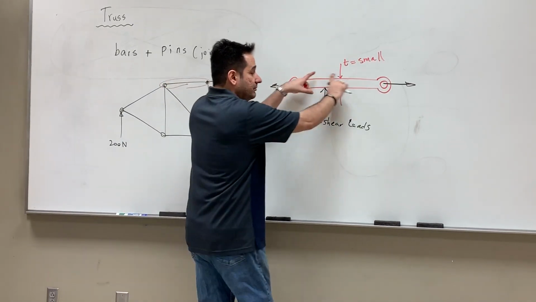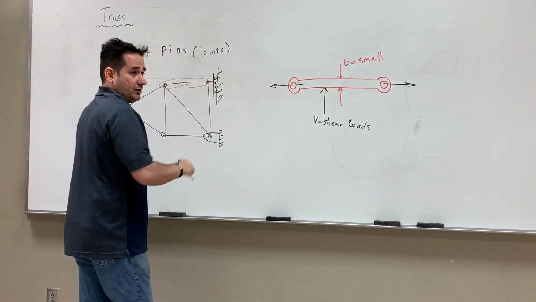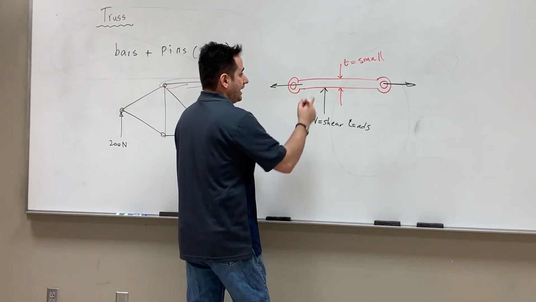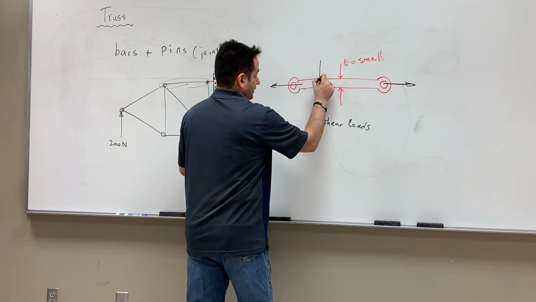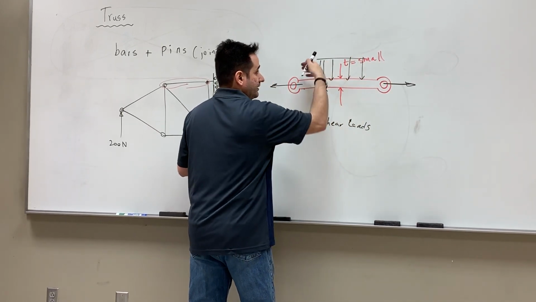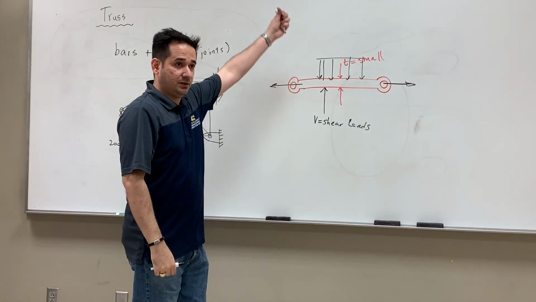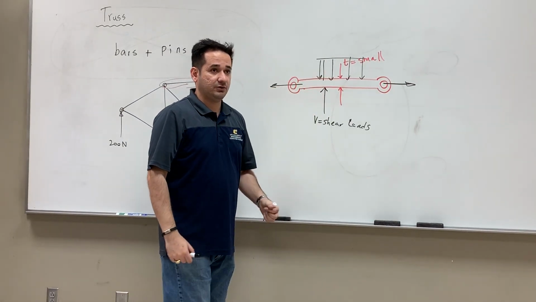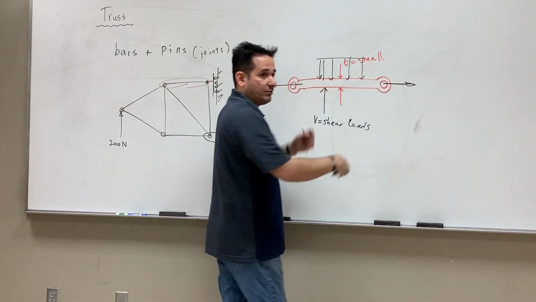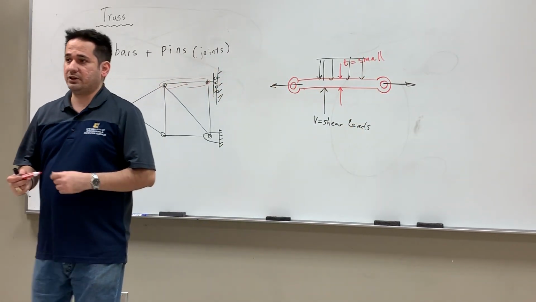If you had a beam instead here, you remember we solved beams and frames? Then you could have a load like that. In fact, like the previous example we solved, you could even have a distributed load, shear, vertical. And you're going to have all kinds of internal shear force, moments, whatever. We will study the internal load in the next class.